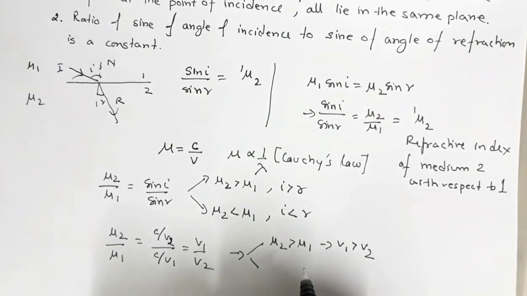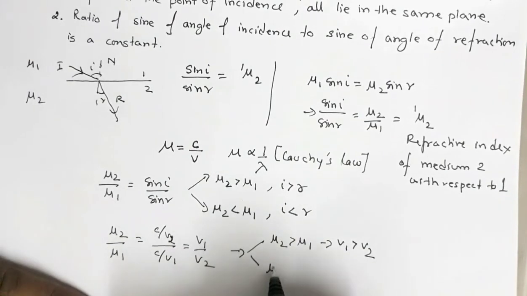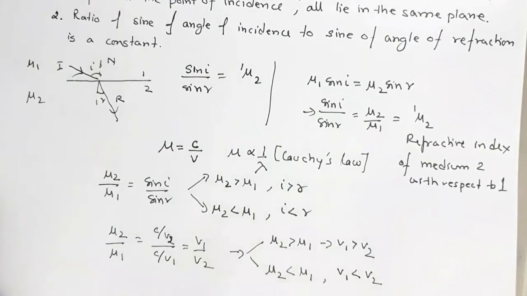So that means if the ray of light is traveling from rarer medium to denser medium, its velocity will decrease. Conversely, if mu2 is less than mu1, in that case v1 will be less than v2. That means if a ray of light is traveling from denser medium to rarer medium, its velocity will increase.